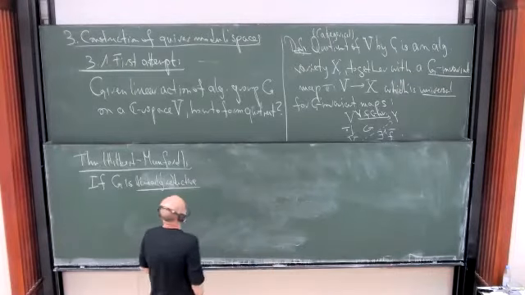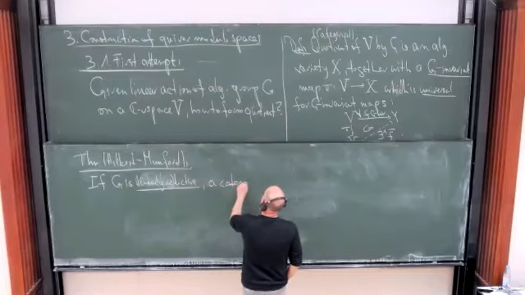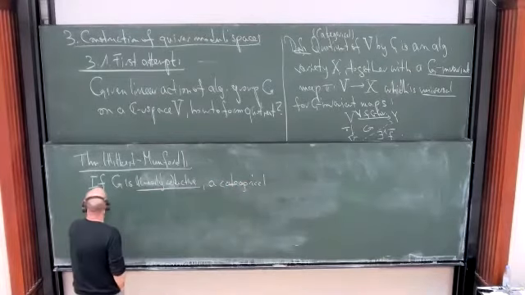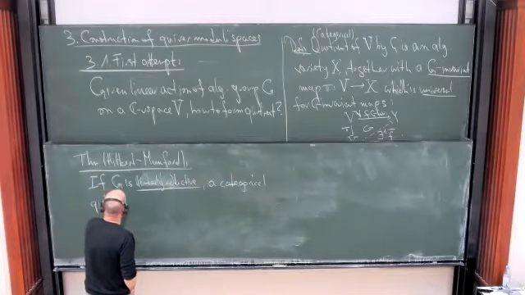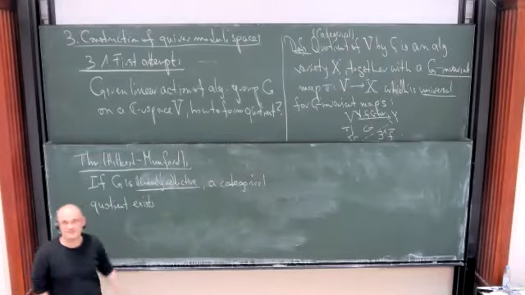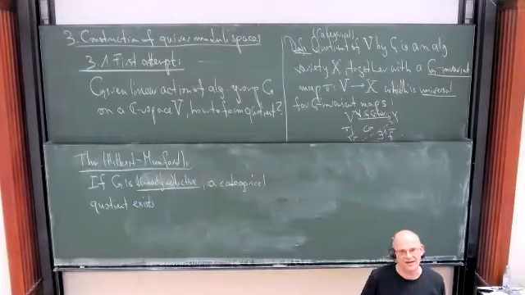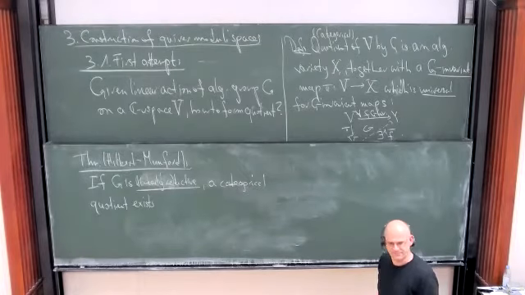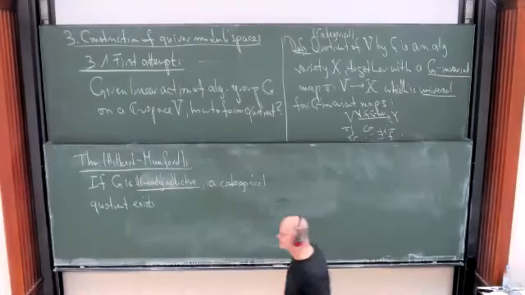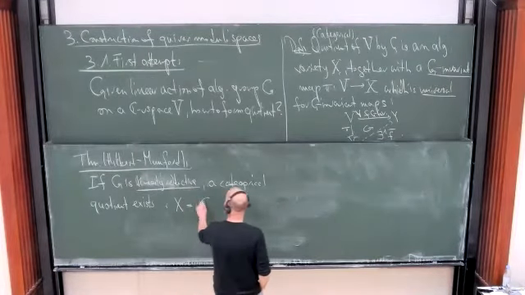If G is linearly reductive, such a categorical quotient exists. And because it is defined by such a universal property, then of course it's automatically unique up to isomorphism. Yeah? It exists, and we can say precisely what it is. We can just define X as follows.